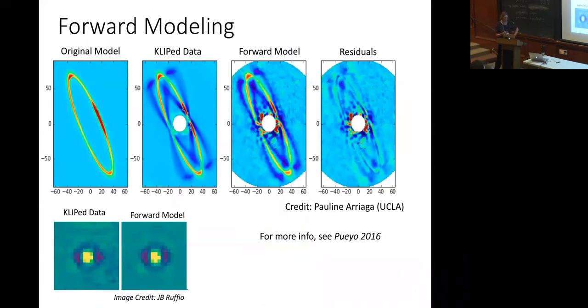I think I actually included that a little bit later, so I'll just mention this and come back to it in a few. Oh, I did put it here. Good. Okay, so here's the original model. Here's the CLIP data with the self-subtraction. If you keep track of the mathematics of CLIP, you can actually create a forward model that shows you, based on what principal components are extracted, what something should look like when it comes out.